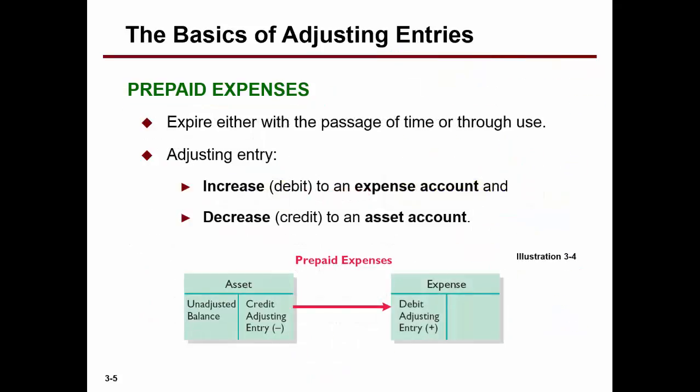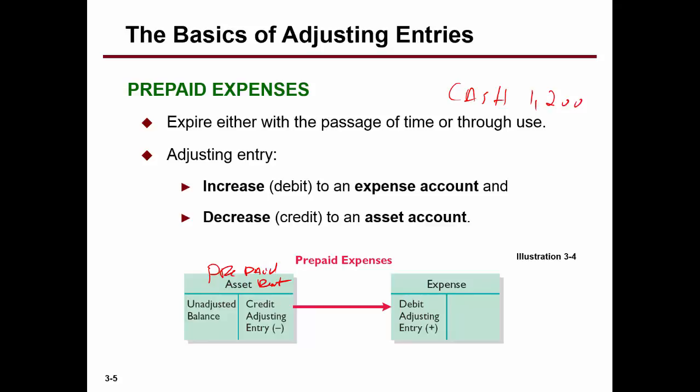And they're just showing us what we did here, in that we had the asset. We'll just make it the rent one that we just did. So we had an asset of what? Prepaid rent. And we did what? We credited cash for 12.